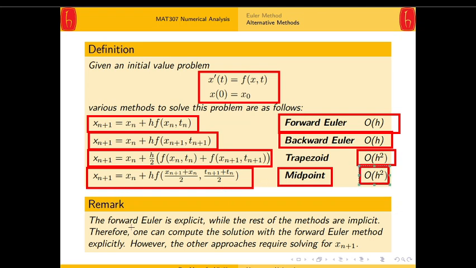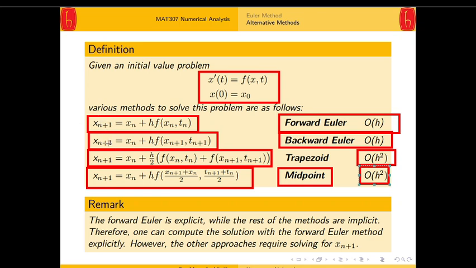Okay, remark: the forward Euler method is explicit. By explicit, we mean the unknown is only a function of known values. So this is known and that is known, so we can immediately use these values and obtain x of t_{n+1}, which is the unknown.